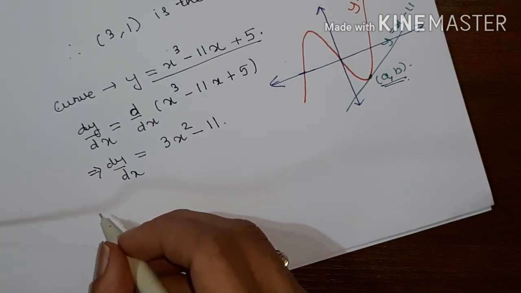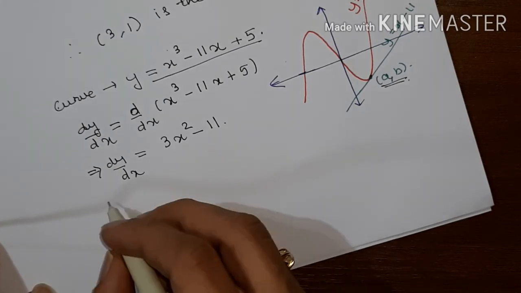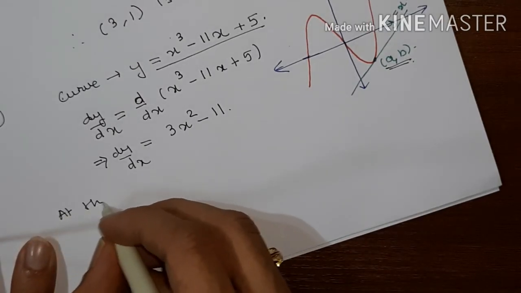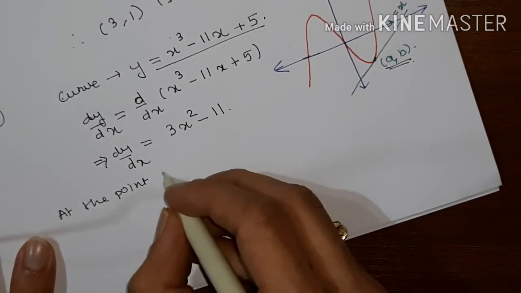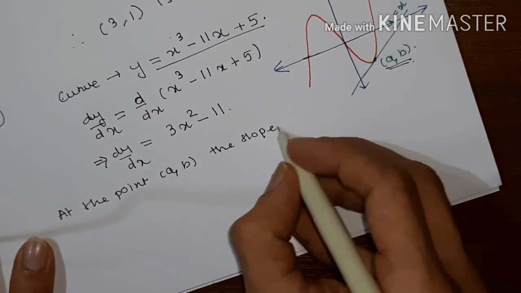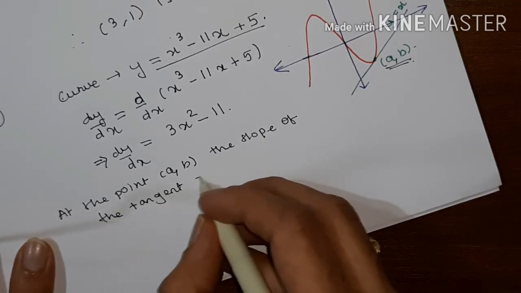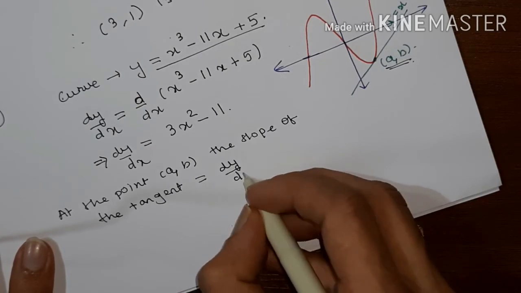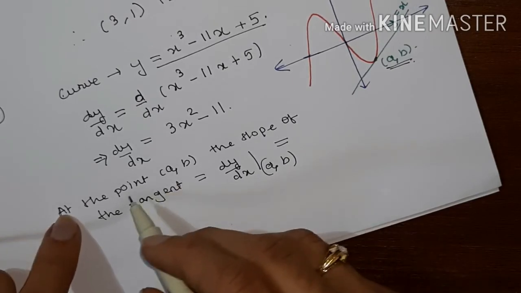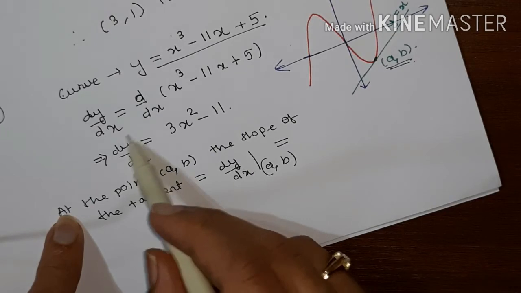Now at the point a comma b, the slope of the tangent is equal to dy by dx at the point a comma b.